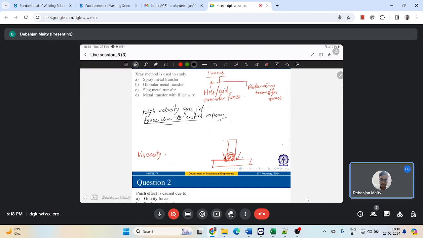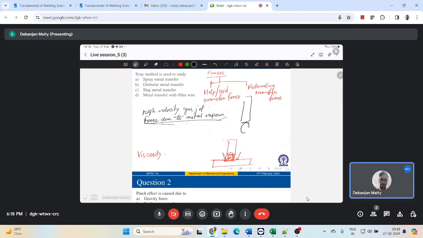So you are generating some molten metal over there, right? Because you are generating molten metal, there will be vapor generation, and it will evaporate from the bottom of the drop, and the whirlpool will move in the upward direction, right? Due to that upward movement, the metal vapor acts against the molten metal drop hanging at the tip of the electrode.